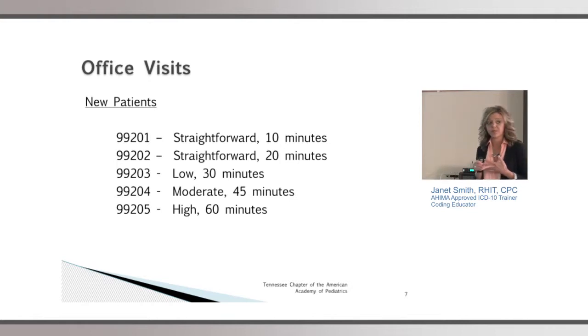But we can meet them with time when we're spending an extensive amount of time in these visits. So that's why I want to point out the significance of time, and we're going to talk a little bit more about that in the next couple of slides.